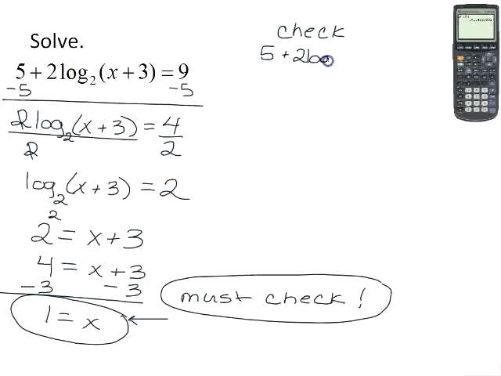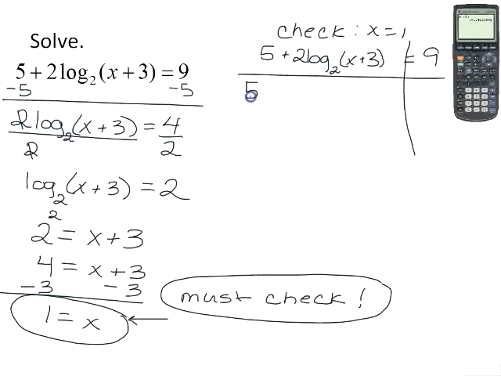To check means I'm going to plug it back into the original equation. And I want to make sure that my left side of my equation equals my right side. So if my x is 1, I would have 5 plus 2 log base 2 of 1 plus 3, which is 4. So this is 2 times the log base 2 of 4.